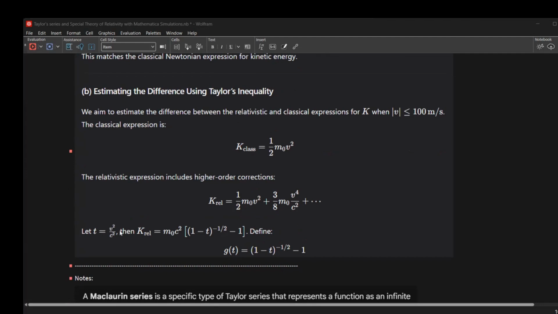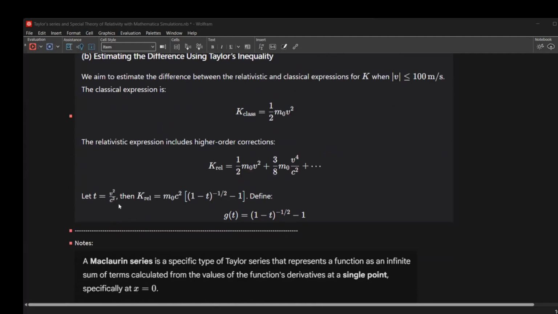So let t here be v squared over c squared. Then the relativistic kinetic energy is the rest energy times (1 minus t) raised to the negative 1 half, minus 1. So we define d of t equal to (1 minus t) raised to the negative 1 half, minus 1.